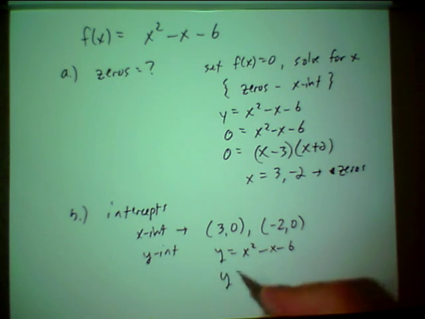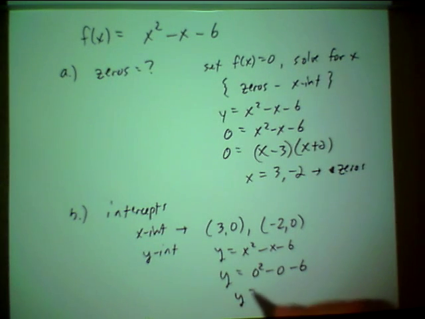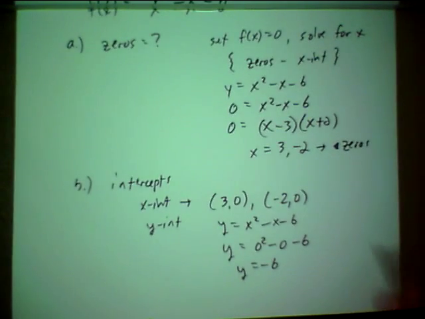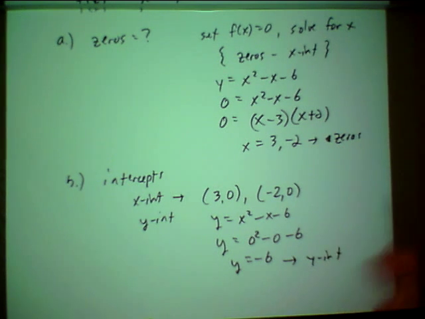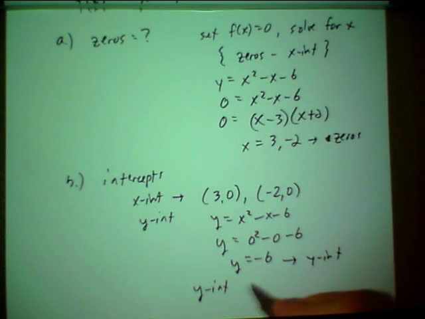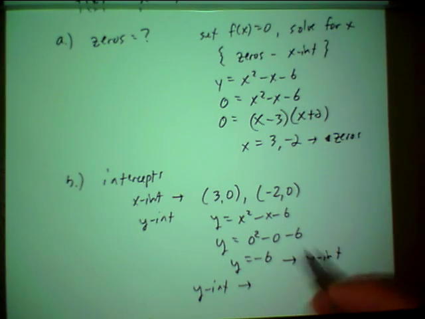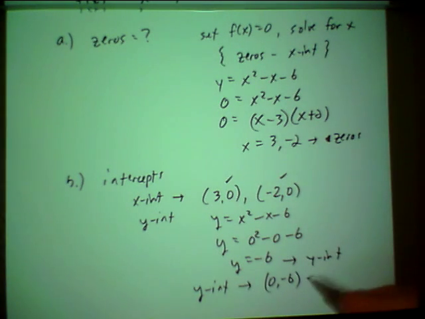You should have y equals 0 squared minus 0 minus 6. Y equals negative 6, which is your y-intercept. So then the y-intercept, written as a point, would be (0, negative 6). So there are your 3 intercepts.